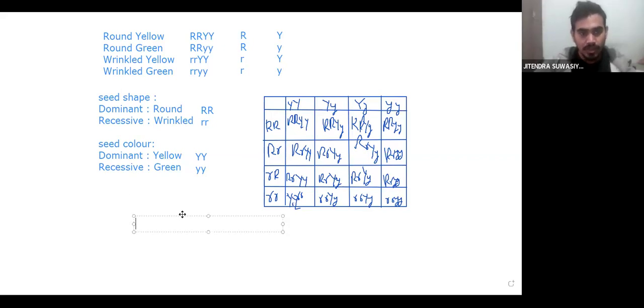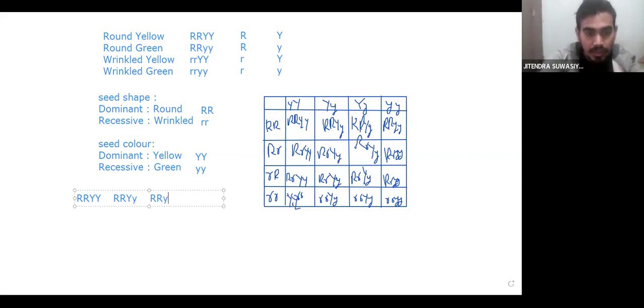Okay, we'll just type fast. So capital R, capital R, capital R, capital Y, capital Y, capital R, capital Y, small y, capital R, small y, small y, capital Y, small y, capital R, small y, small y.